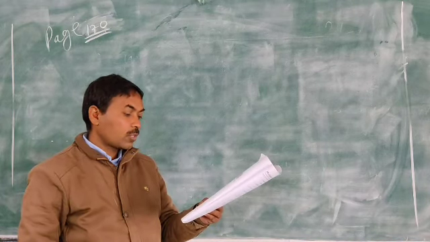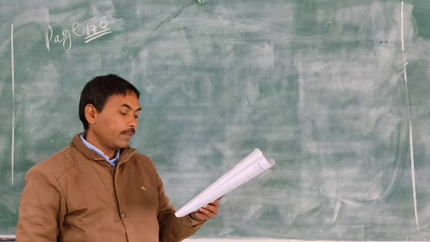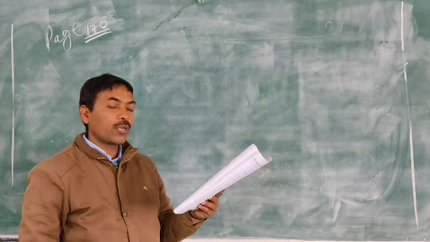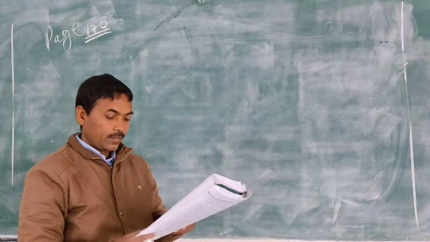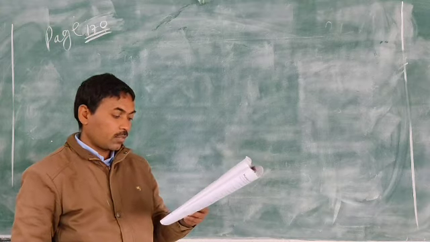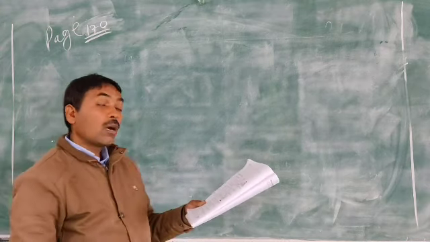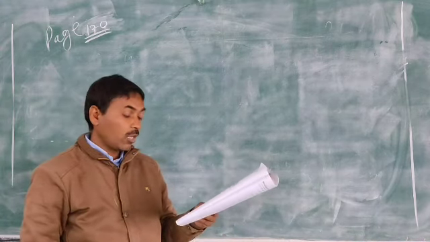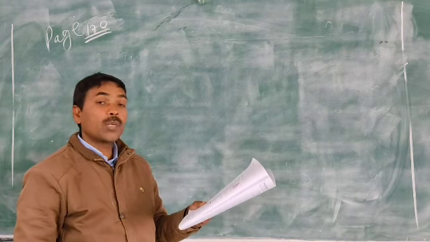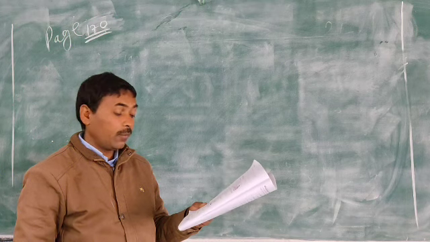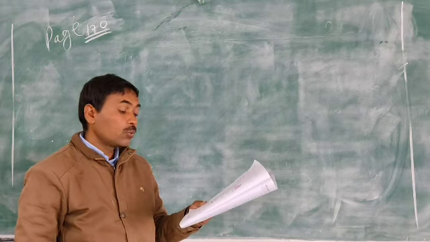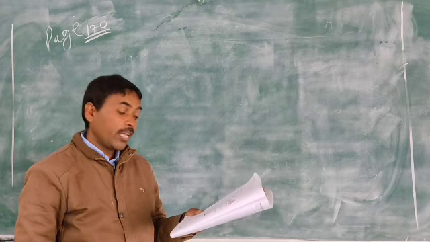A conference started at 9:30 a.m. and continued till 7:45 p.m. What was the duration of the conference? So our problem is to find the time from 9:30 a.m. to 7:45 p.m., that is 9:30 morning to 7:45 evening.